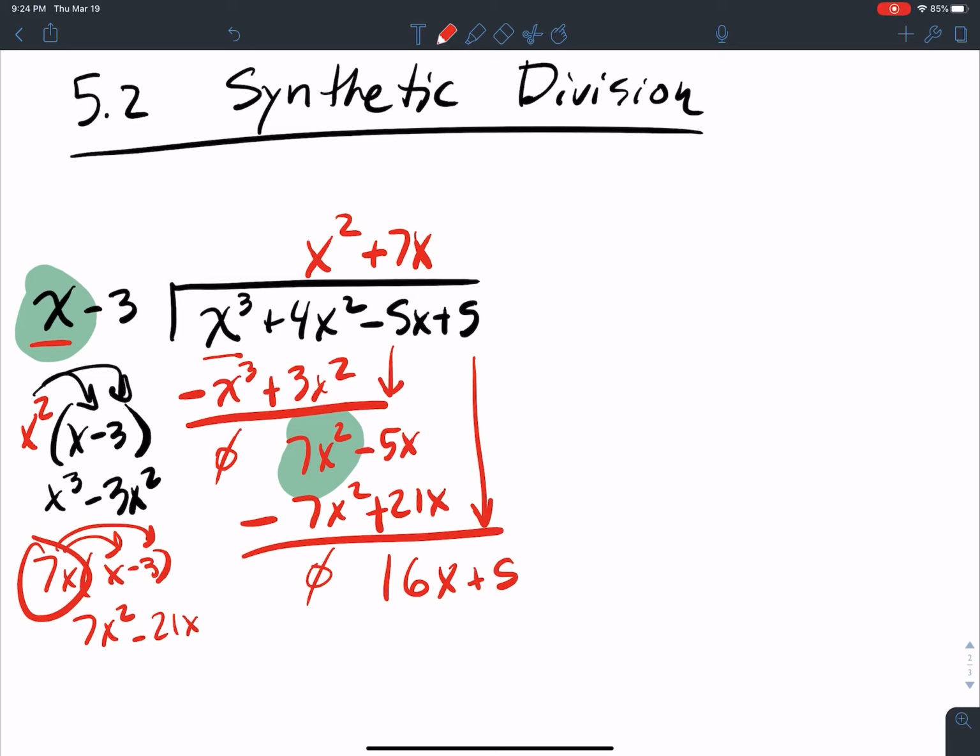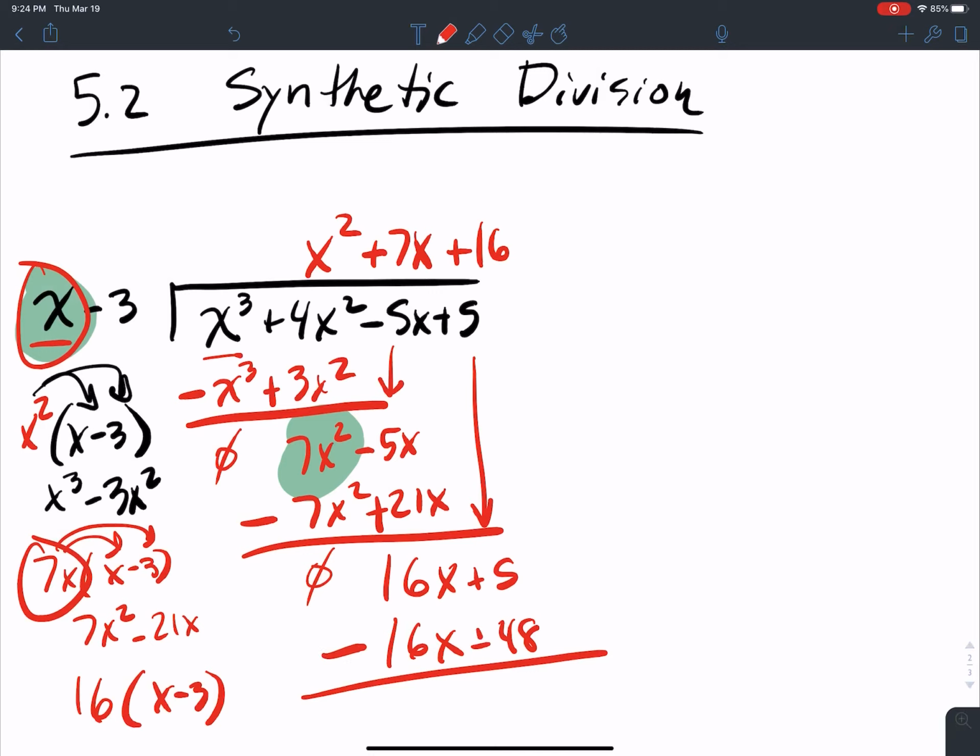Now, what do I have to multiply x by to get 16x? Multiply by 16. That gets me 16x minus 48. I'm going to put my 16 up here. Draw the line, change the sign. 5 and 48, what's that, 53?